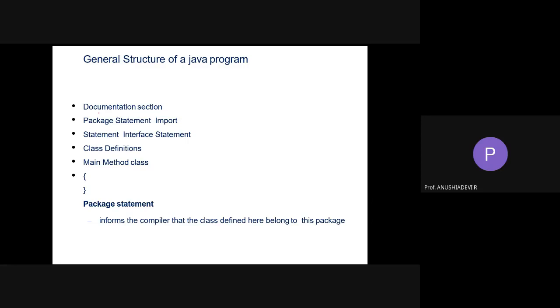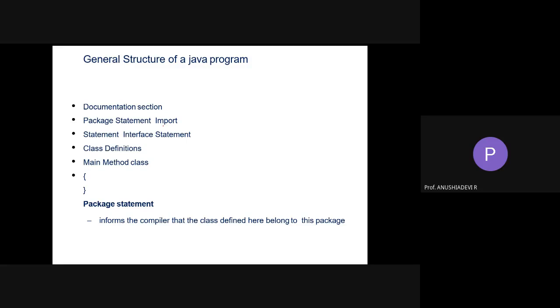Next, the package statement. What is a package statement? You are writing one program and you are going to make it a package, so you have to mention the package name. For example, I am going to write an addition or subtraction program and I want to make it a package.